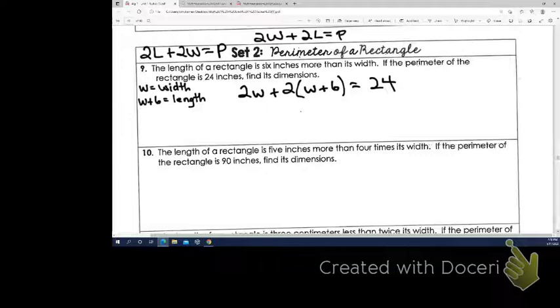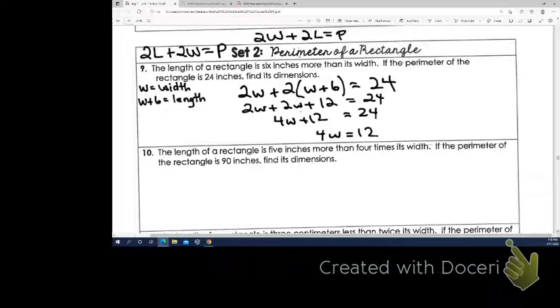And now we actually need to distribute first. So we're going to distribute. We're going to combine like terms. We're going to subtract. And then we're going to divide. So we find out that the width is 3 inches.